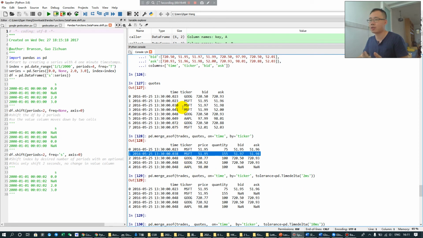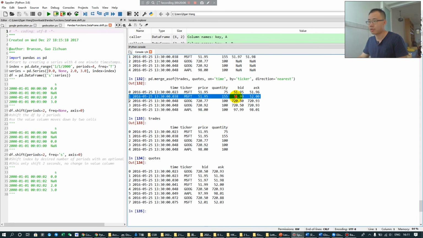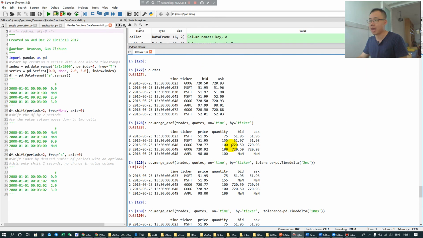Now since we change it to nearest, we can look at both directions. So this one will be merged into the combined data, not the 51.97, but 51.99. Look at this, 99. When we have the direction equals nearest, we have 51.99. If we don't have that, we will have 51.97.